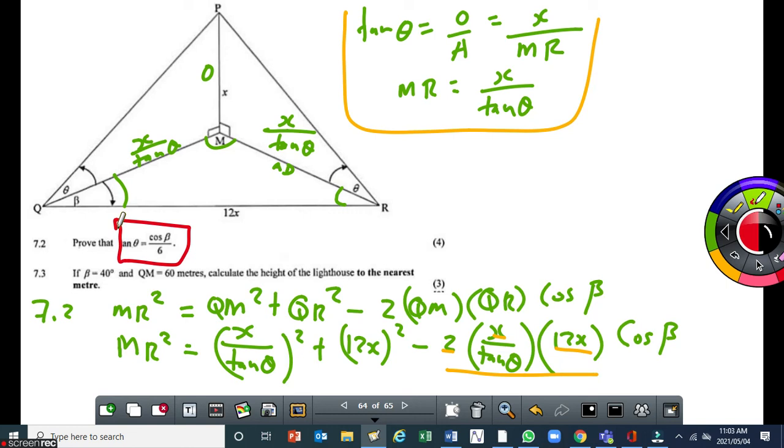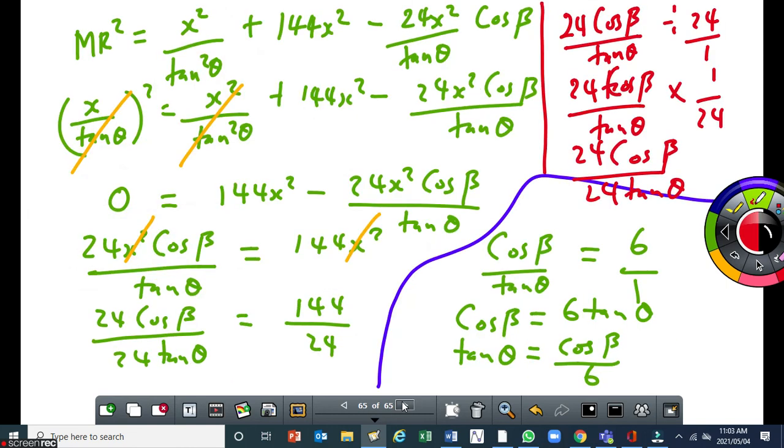Since we have got a 24 here, we need to eliminate that 24. By the time you get to this point here, you must see that 24 is a factor of 144. All right. Okay, next one.